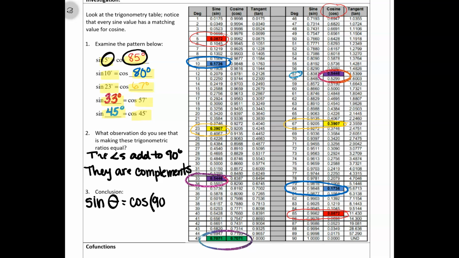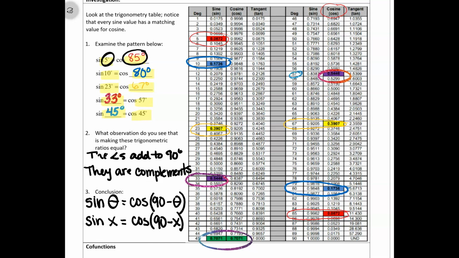So we write it 90 minus theta. That is how you're going to be writing these. Sometimes it is sine x, so cosine would be 90 minus x. Now, why is the 90 always first? It's because we cannot get a negative degree of that angle.